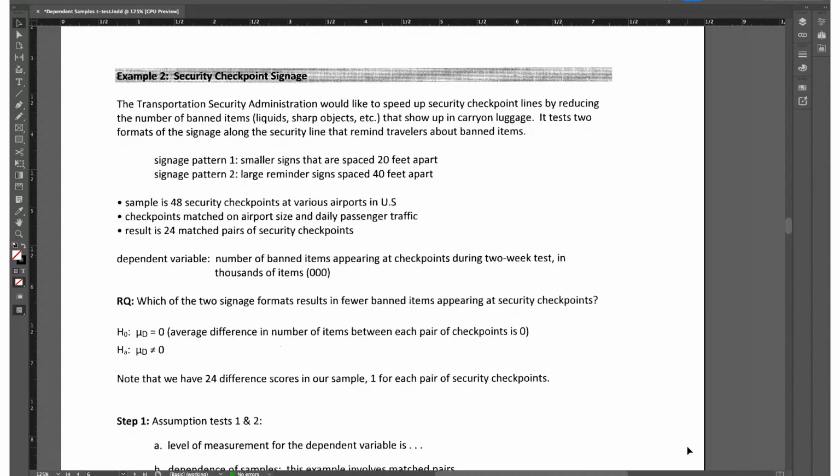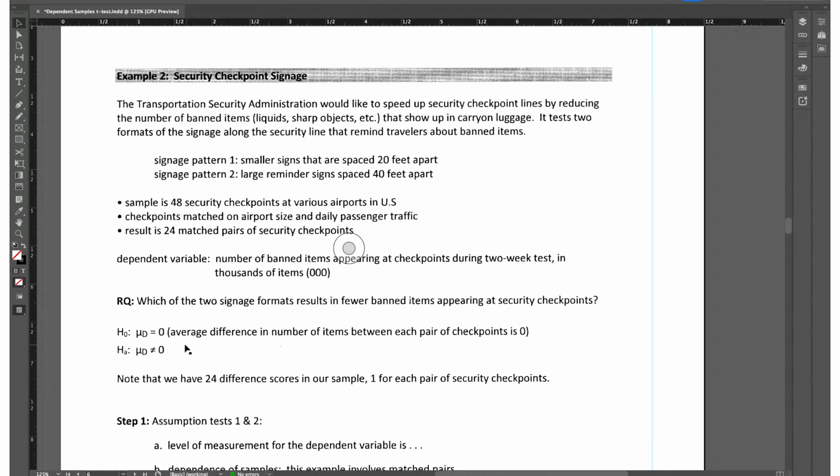Our dependent variable would be the number of banned items appearing at checkpoints during a 2-week test in thousands of items. And here's our research question. Which of the two signage formats results in fewer banned items appearing at security checkpoints?